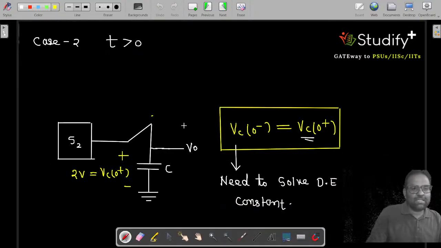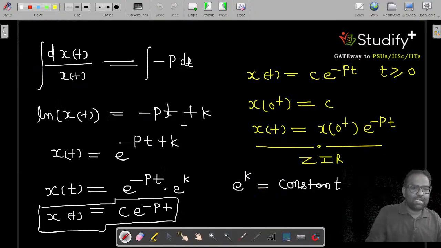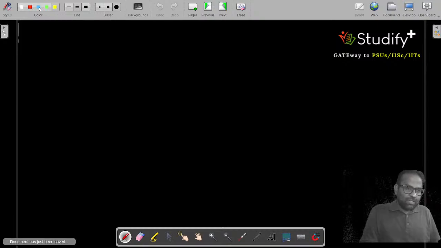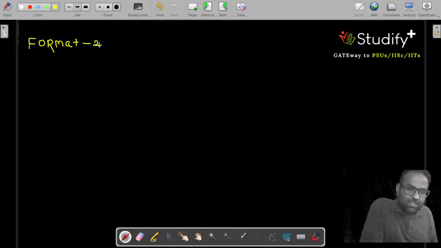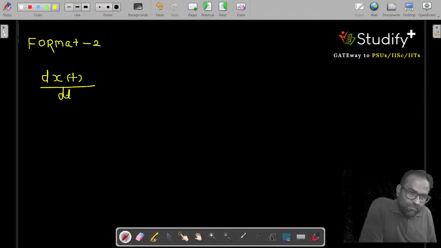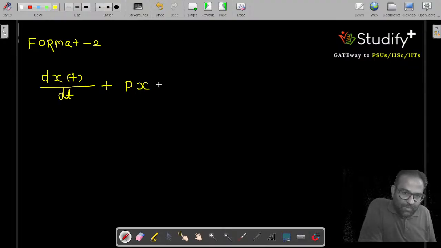In this analysis we have one more, format 2 of the differential equation: dx(t) divided by dt plus p times x(t) equal to q.